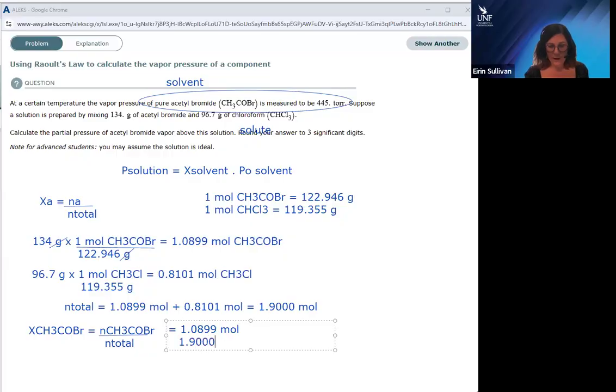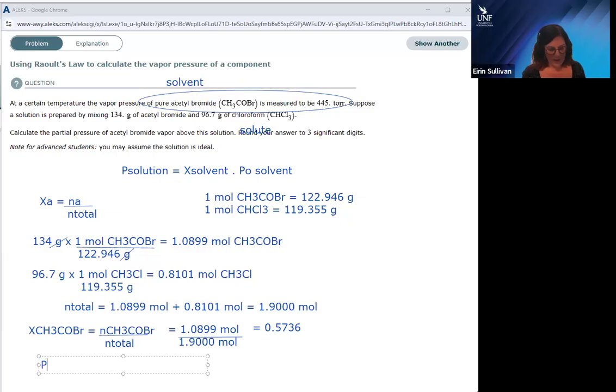The moles cancel, so the mole fraction is essentially unitless. It's a number between 0 and 1 because it's essentially a decimalized percentage, a molar ratio of components. That comes out to be 0.5736.